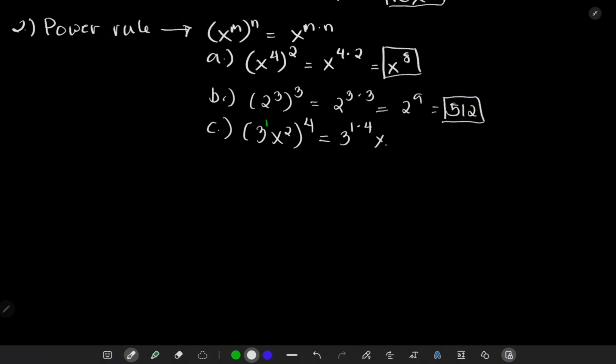And same with the variable. So we have x raised to the 2 times 4. And 3 raised to 1 times 4. So that is 3 raised to the 4th power. X raised to the 8th power. And 3 raised to 4 is equal to 81. So we have 81 x raised to the 8th power.